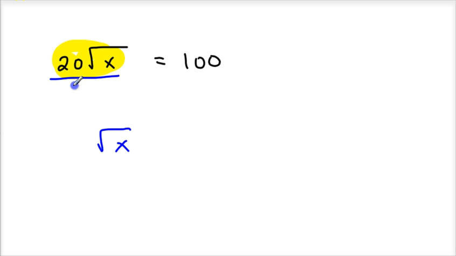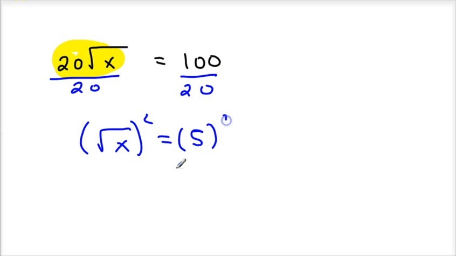Excellent. Divide by 20. What I do to one side, do to the other. Square root of x equals, what's 100 divided by 20? 5. Excellent. And then back to the original. Square both sides. X equals 25. So if there's a coefficient in front of the radical, get rid of that first.